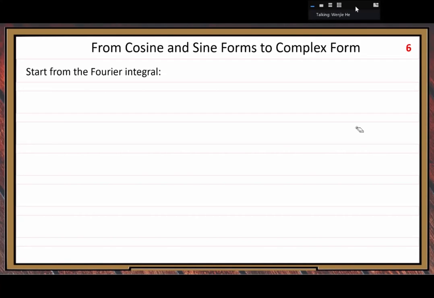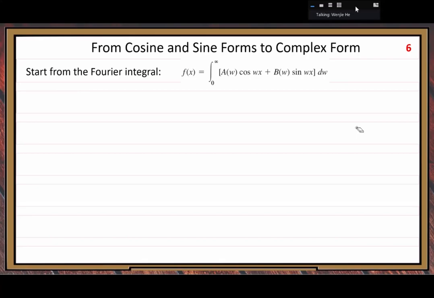Start from the Fourier integral. We have two versions of the Fourier integral: Fourier cosine integral, Fourier sine integral. Or the cosine part and sine part in one integral.